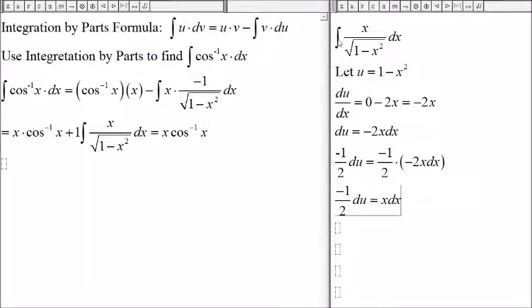So our integral right here becomes the integral of 1 over the square root of 1 minus x squared, and then x dx.